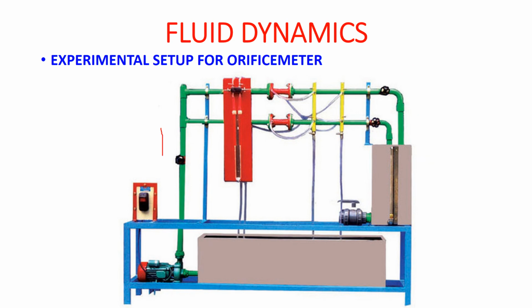The water is flowing through this pipe, and it is passing through this orifice meter setup. Consider that this is an orifice meter, and here you can see these pipes, these two connections. This is the first connection at this point, and this is the second connection, and these two are connected to a manometer which is shown here.